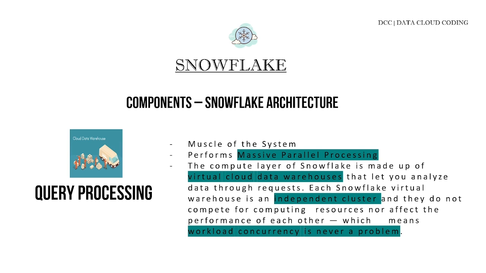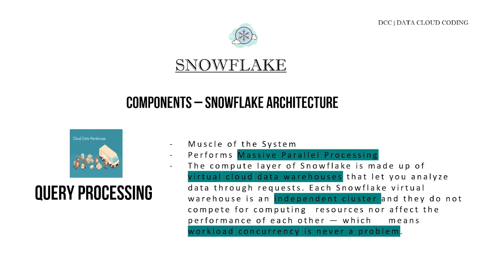As we can see, the query processing layer is comprised of virtual cloud data warehouses. So whatever query we make to perform any sort of operation on the data goes through the virtual cloud data warehouse that makes up this query processing layer in the Snowflake architecture.